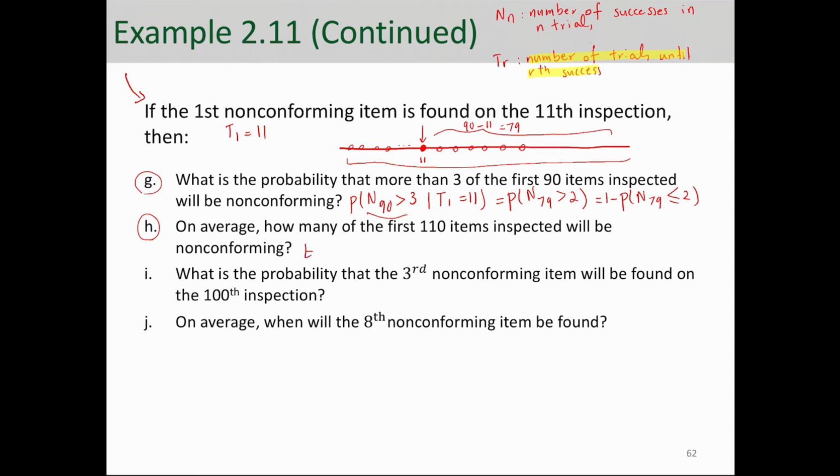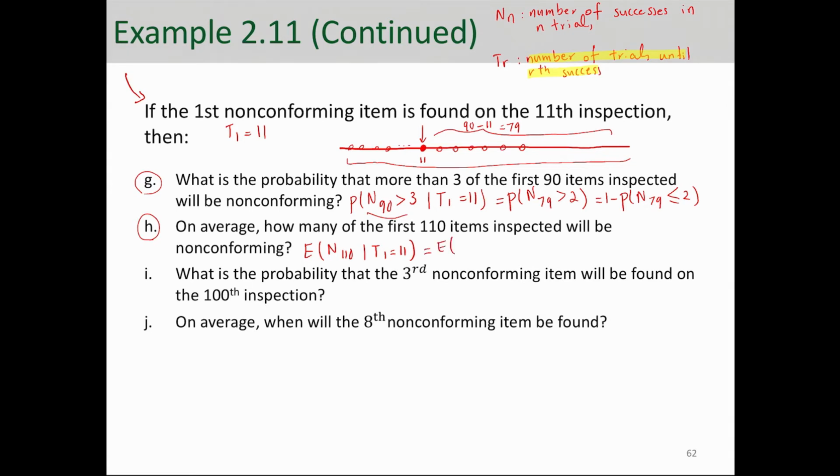So we're looking for the expected value of N110, given that the first success was on the 11th trial. We already saw 1 success, and that was on the 11th trial. There are 99 more trials to go, and we want to know the average number of non-conforming in those 99 trials.